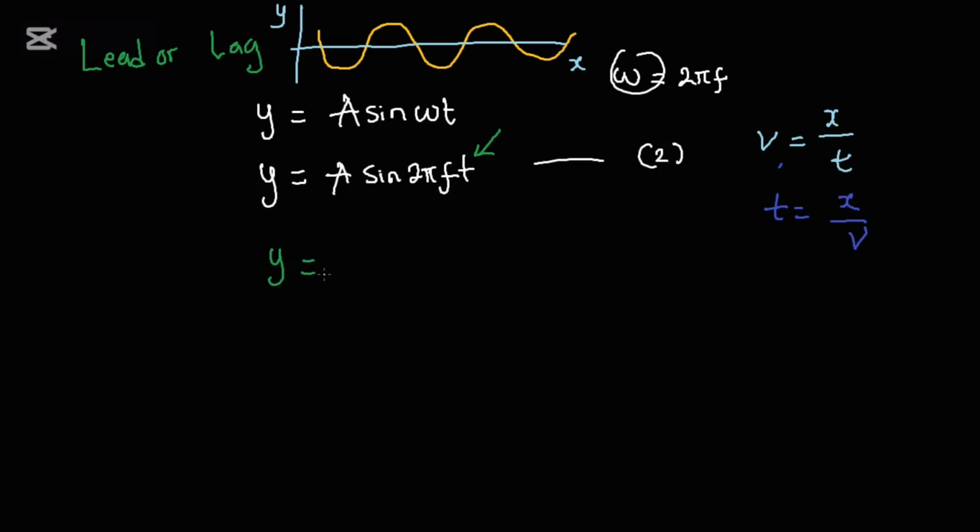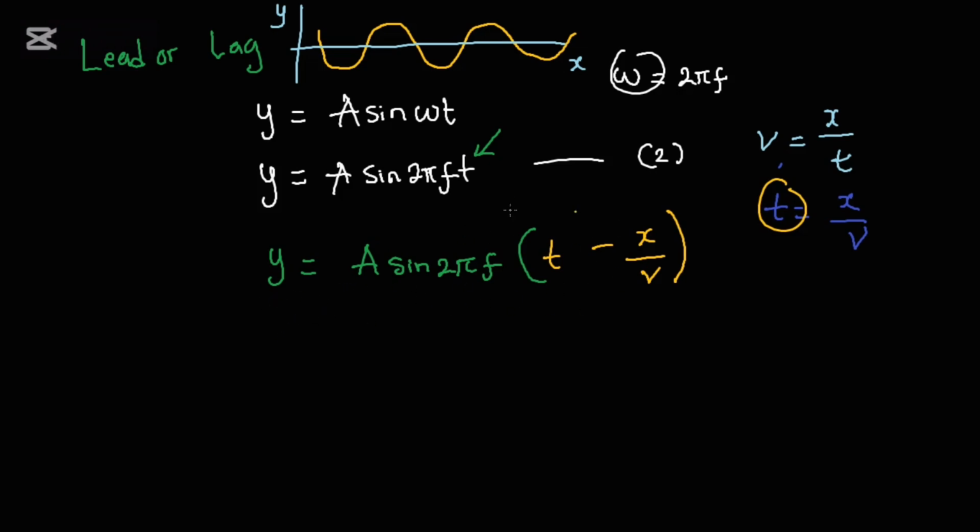So we have a new equation, y = A sin 2πf in brackets, I'm going to break it into time minus time. This is also time, right? So we can say minus x all over v. It does not change the homogeneity of this equation. It's still going to be the same unit. It's consistent. That's what that means.